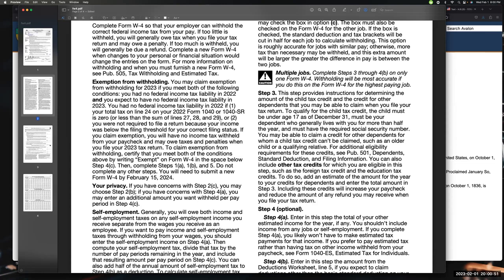All right, let's continue. So you had no federal income tax liability in 2022, and you expect to have no federal income tax liability in 2023.